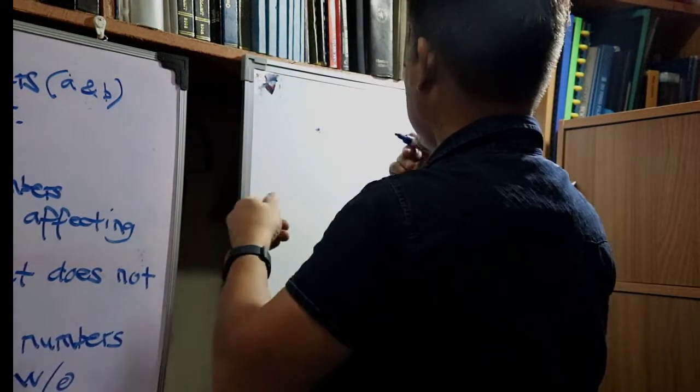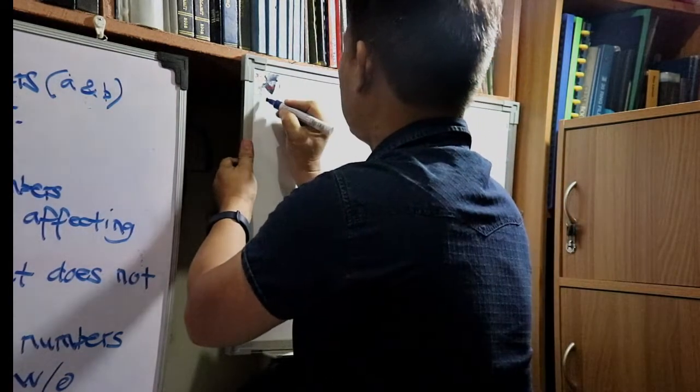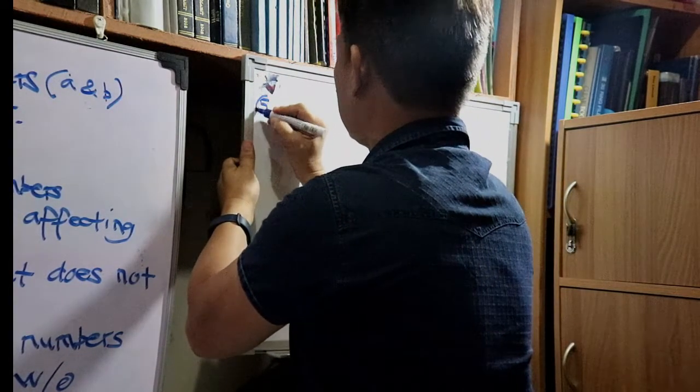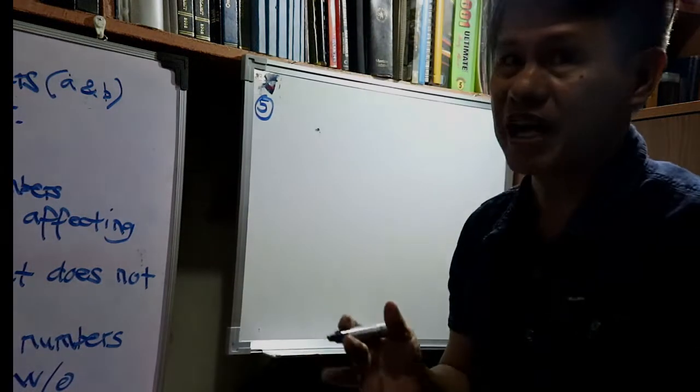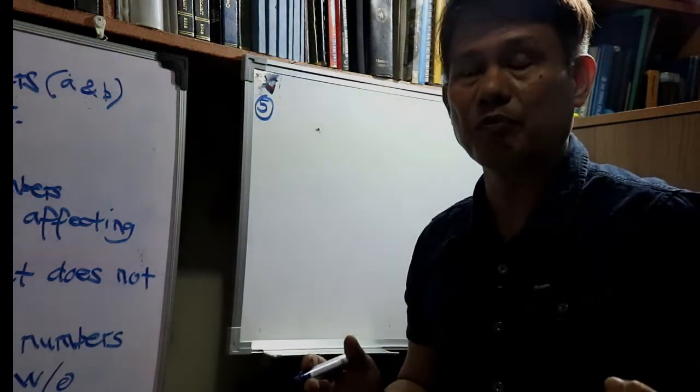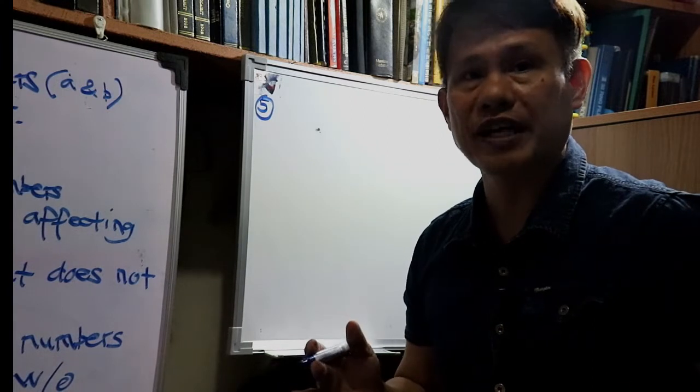Number 5 is the distributive property of multiplication over addition.